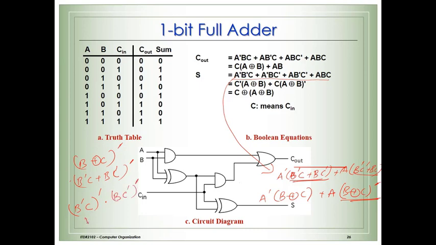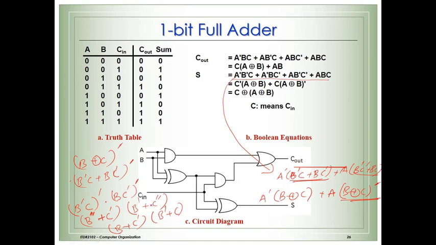Then again apply De Morgan's theorem. So B double naught and C naught, and this will be B naught and C double naught. B double naught will be reduced to B, and here C naught, and here B naught, C double naught will be reduced to C, right?